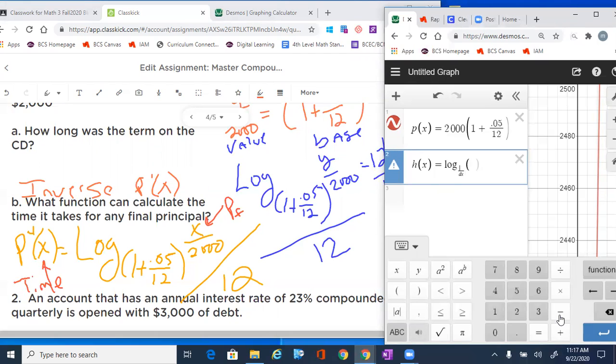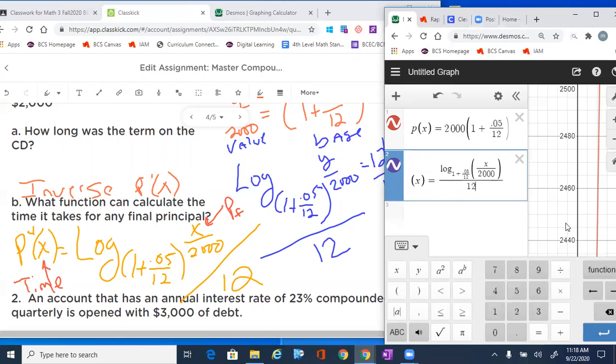And I'm going to type in 1 plus 0.05 divided by 12. And then I'm going to erase the rest of that statement. That'll put that in the base for us. And then I'm going to type in x divided by 2,000. And then I'm going to put that whole entire value in there, divided by 12.